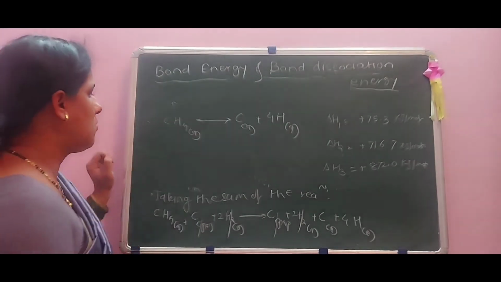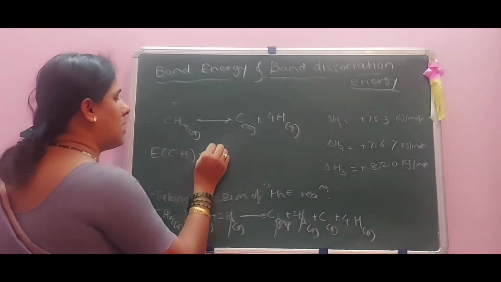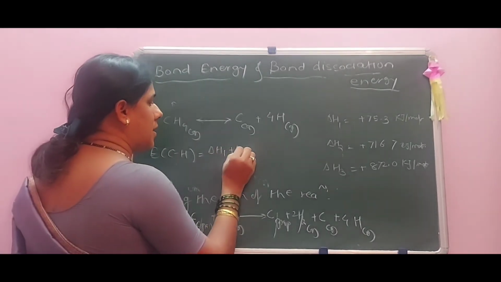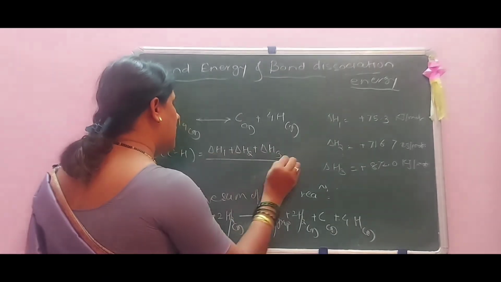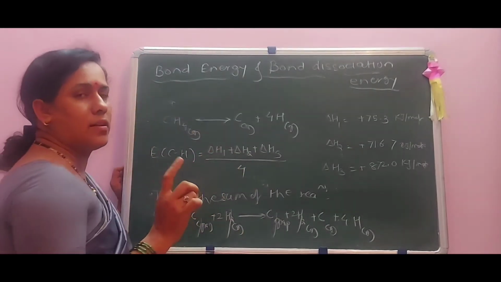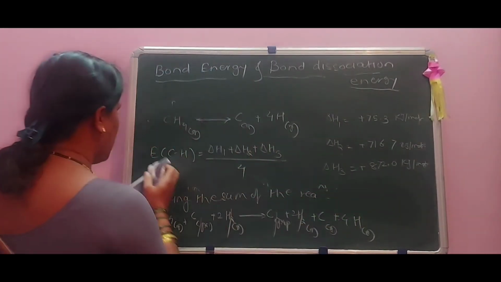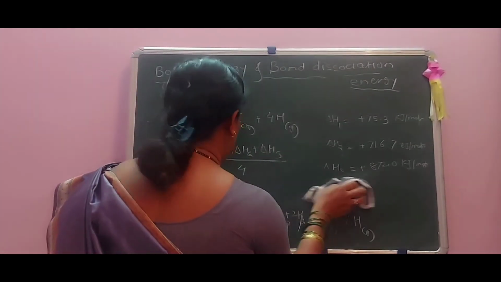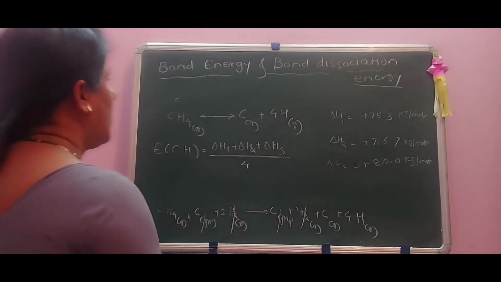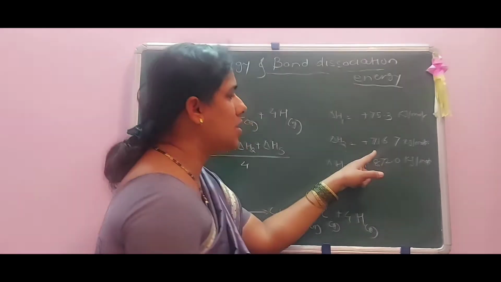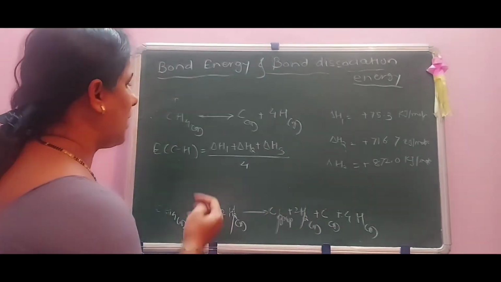And the average energy is what? That is E of CH is equal to delta H1 plus delta H2 plus delta H3 divided by how many bonds? Equal to 4 bonds. Therefore we have divided it by 4. Thus we have the answer. Now we take the total of all the 3 reactions' enthalpy of the reaction.